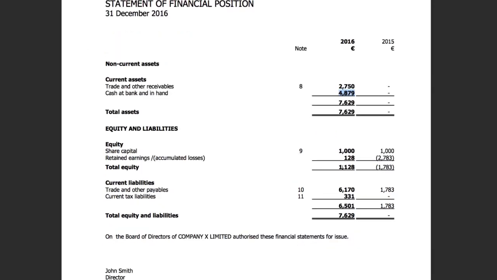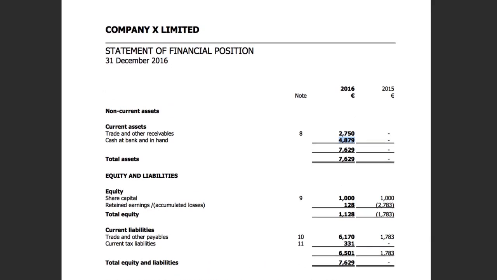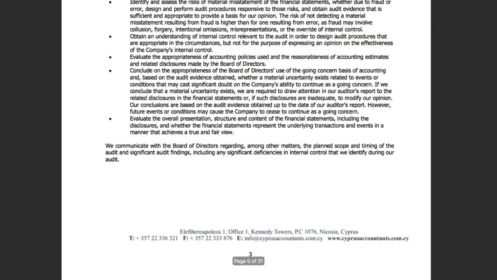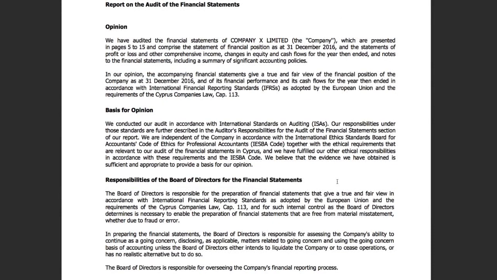You do that and you will have no problem in understanding your financial statements, as well as always remember to check whether the auditor's opinion is a clean one, which is stipulated in the opinion paragraph on the second paragraph here. True and fair view, no except for, no disclaimers, no adverse opinion. A clean, true and fair view of the financial position of the company and its financial performance, cash flows, etc.